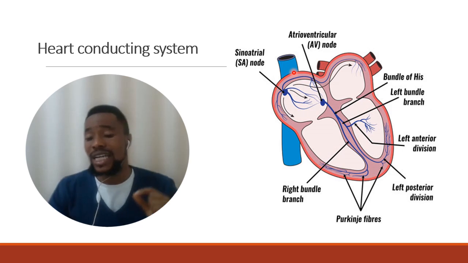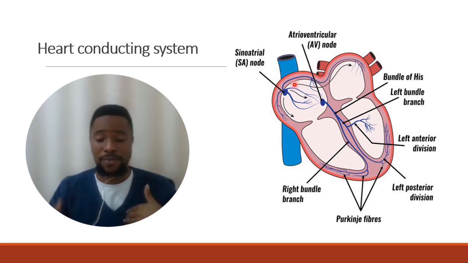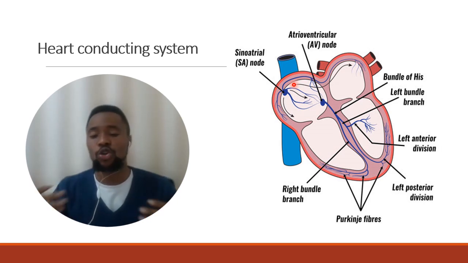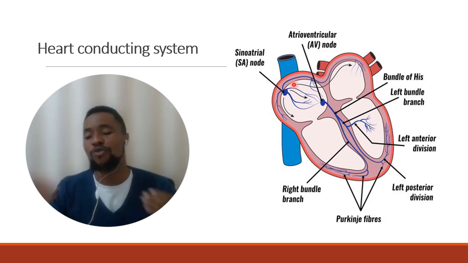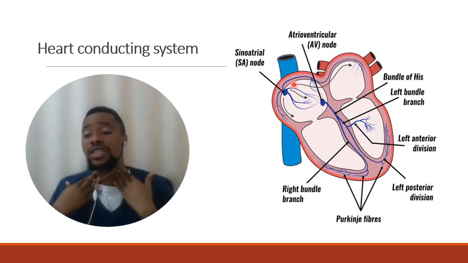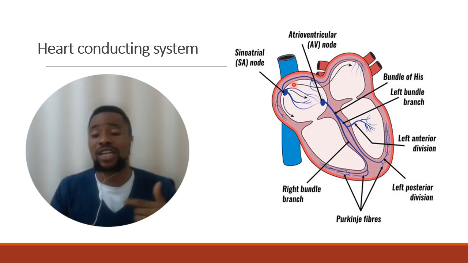Now, the SA node can also pace a rhythm lesser than 60. In athletes, patients that took some medications like beta blockers, or some disease condition, or vagal stimulation can also cause the heart rate to reduce to less than 60.